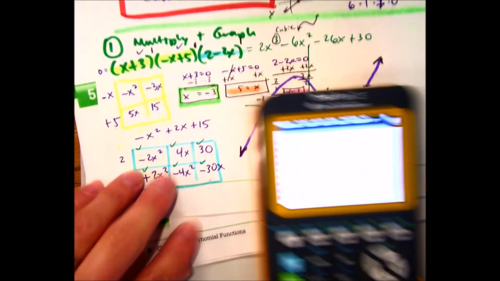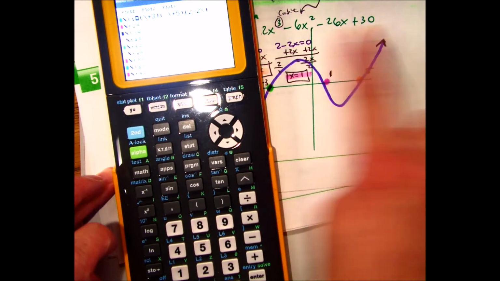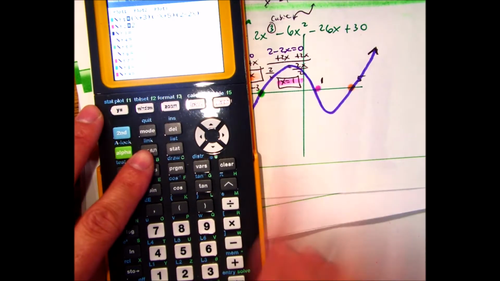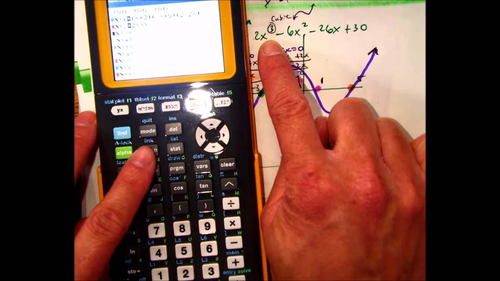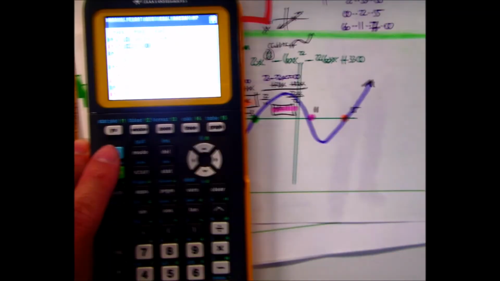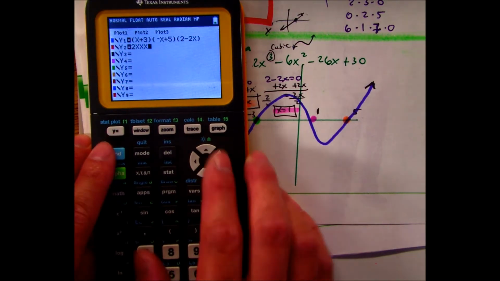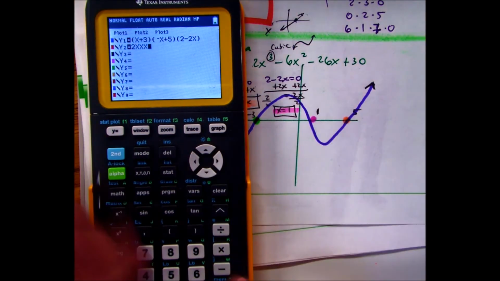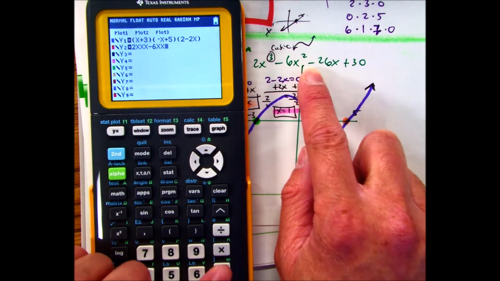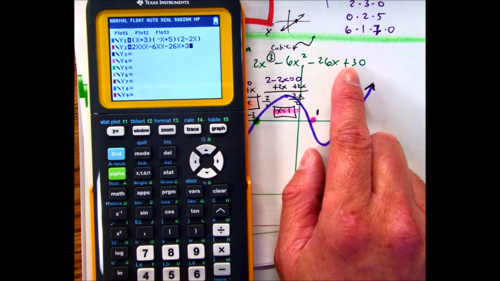And then I'm also going to verify they're equivalent expressions by also inputting my expanded polynomial after we've multiplied. 2 times x cubed minus 6x squared minus 26x plus 30.